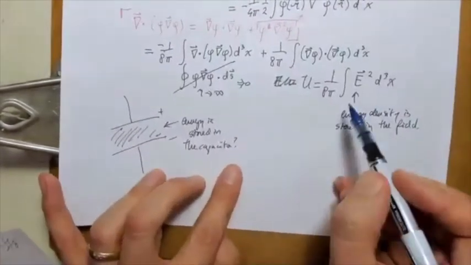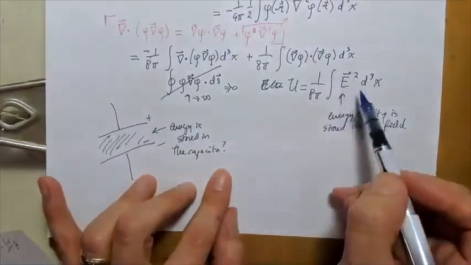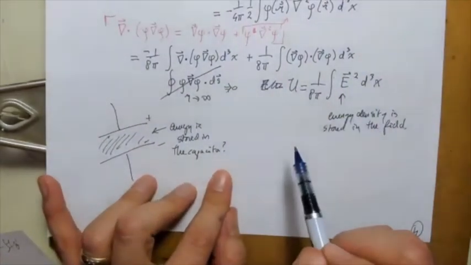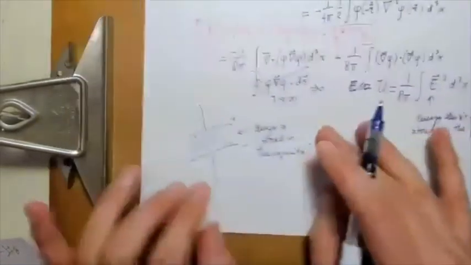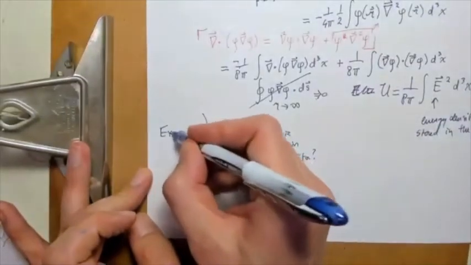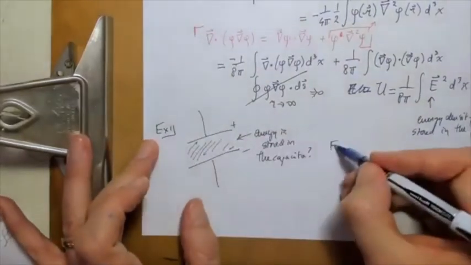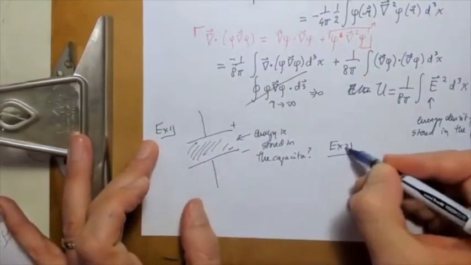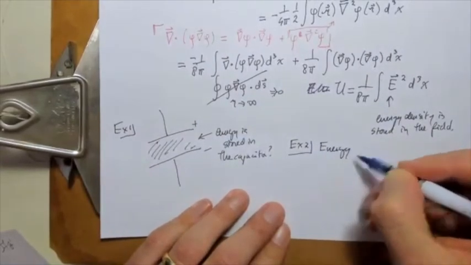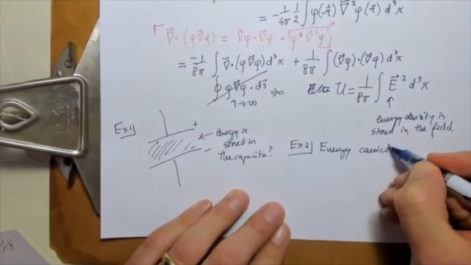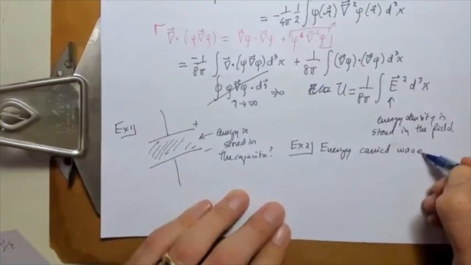The other place where you might have seen this is when you studied electromagnetic waves. So that's example 1. So in example 2, the energy carried by waves, and we will revisit it.